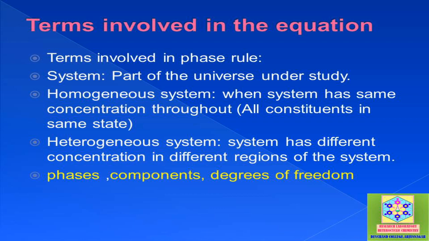In the phase rule itself, there are three different terms newly involved in the equation. These are phases, components, and degrees of freedom. Let us discuss these one by one in detail.